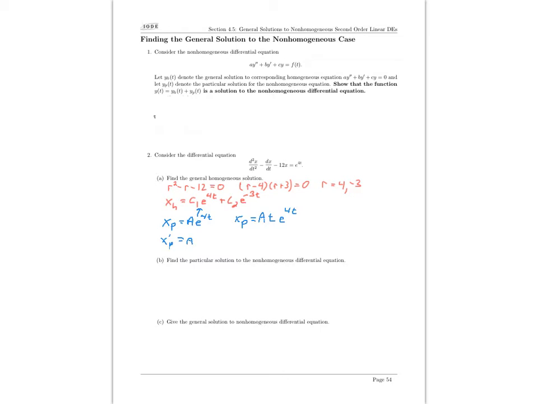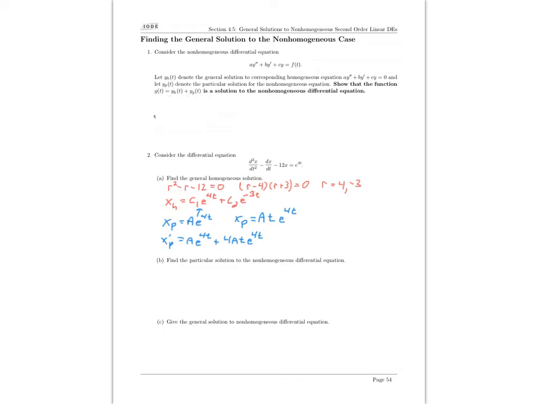So I would say a times the derivative of t, which is 1, times e to the 4t, plus the derivative of e to the 4t, which is 4e to the 4t, times a t. So in other words, I get a e to the 4t plus 4at e to the 4t.